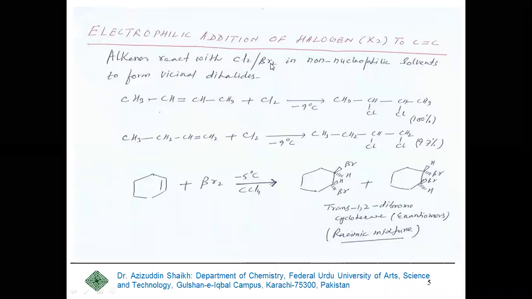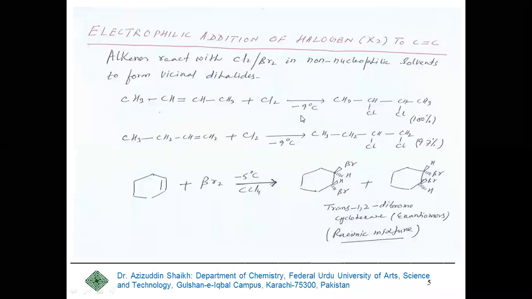Alkenes react with chlorine and bromine in a non-nucleophilic solvent to form vicinal dihalides. This is the alkene, a symmetric alkene, reacting with chlorine to form this vicinal dihalide, meaning the chlorines are attached to two adjacent carbons.